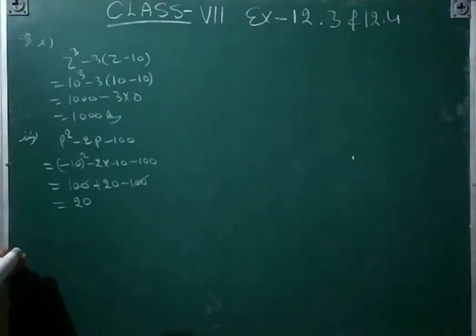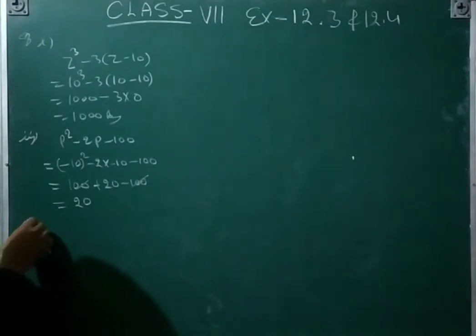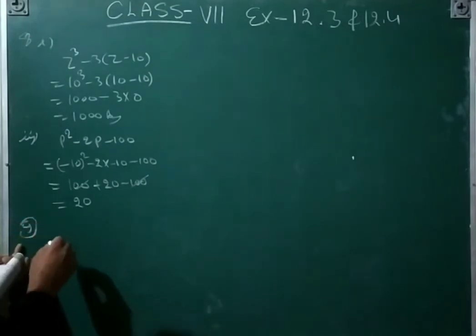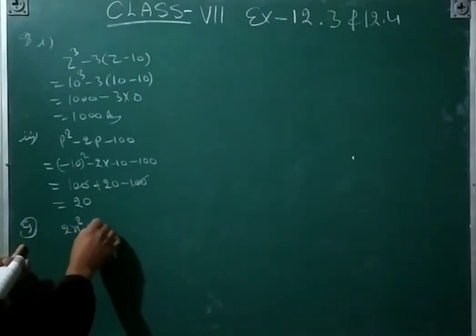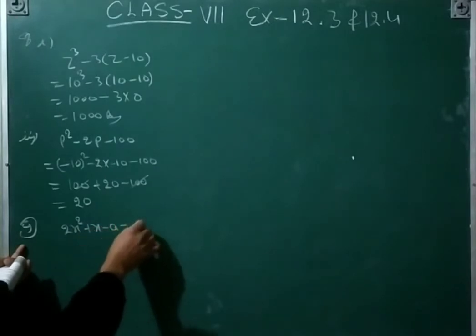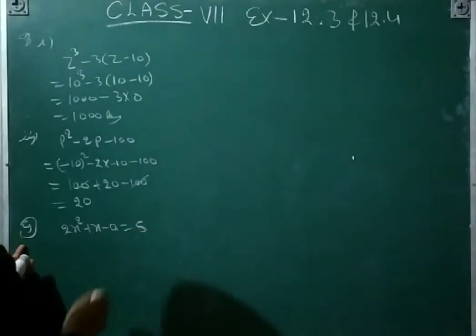What should be the value of a if the value of 2x square plus x minus a is equal to 5? So that is the ninth question: 2x square plus x minus a is equal to 5, given there.